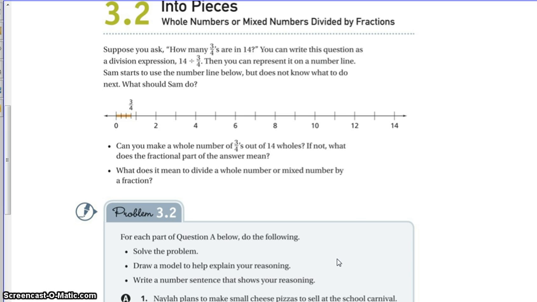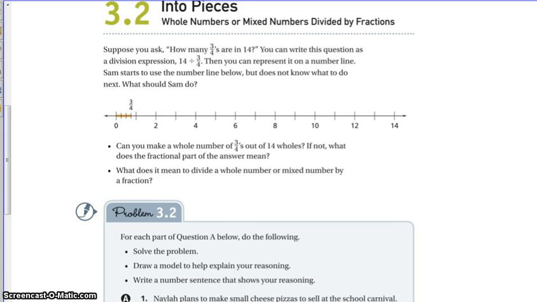that we started yesterday. So if we asked the question, how many 3/4 are in 14, we could write this expression as 14 divided by 3/4. Okay? Then we can represent it on a number line. So Sam starts to use the number line, but he does not know what to do next. What should Sam do? Well, if we were going to model this on the number line, then we would continue to make 3/4.